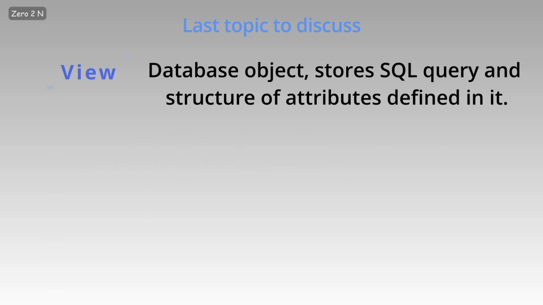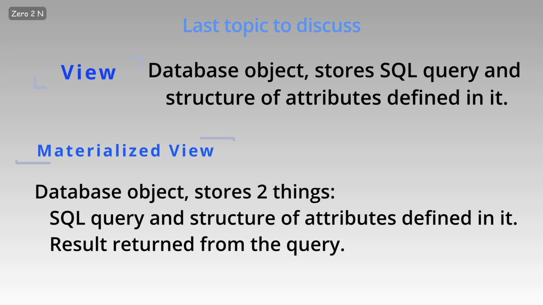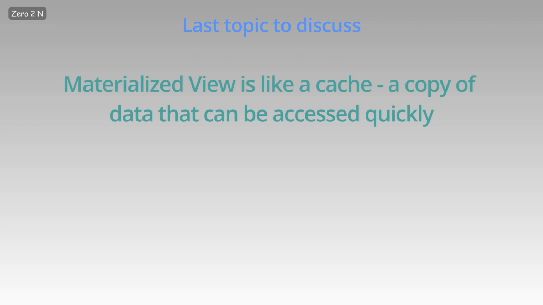A view stores only the SQL query and structure attached with it, but a materialized view will store two things: the SQL query and structure as a normal view does, and also the result returned from that query. So a materialized view is like a cache, a copy of data that can be accessed quickly. So database access to the materialized view can be much faster than the normal view.